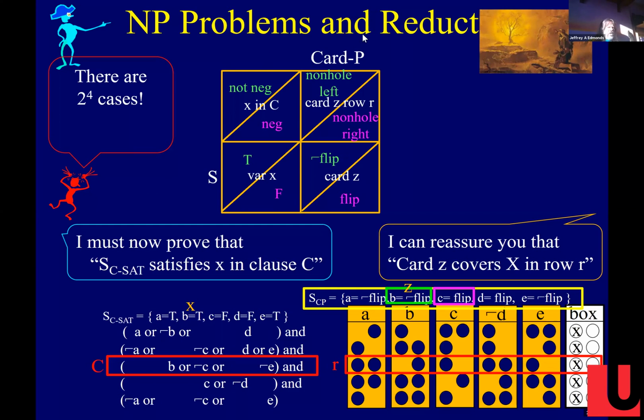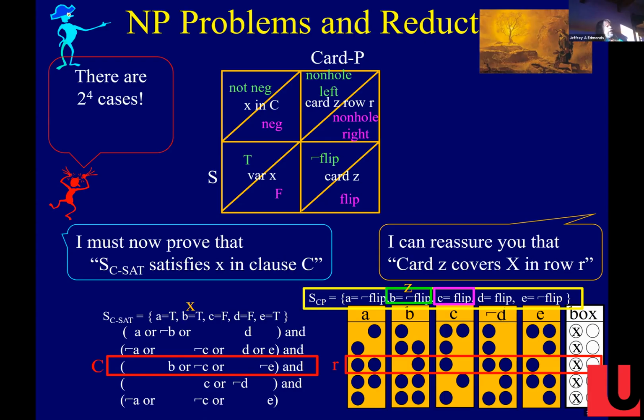So that gave us our input to the clauses. We mapped that over to the card problem to give us a bunch of cards. Then the oracle gave us a solution to the cards, and we came up with the solution to the clauses.